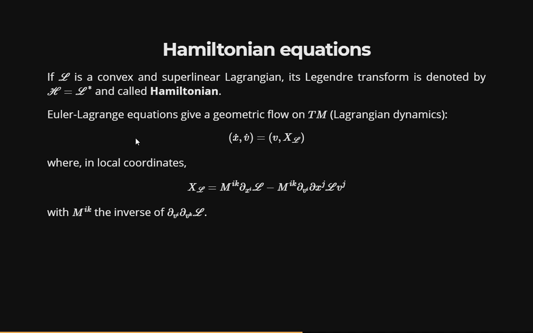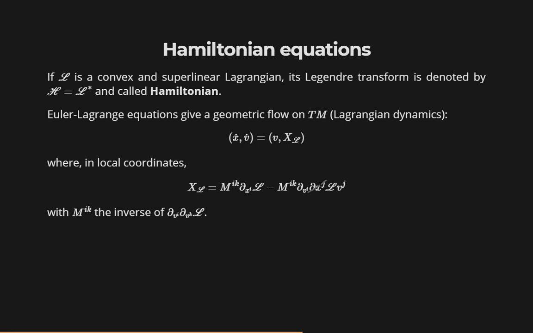How is the vector field written? It is a matrix times the space derivative of the Lagrangian, minus a matrix times the second mixed derivative, one in velocity and one in space, of the Lagrangian times the velocity.